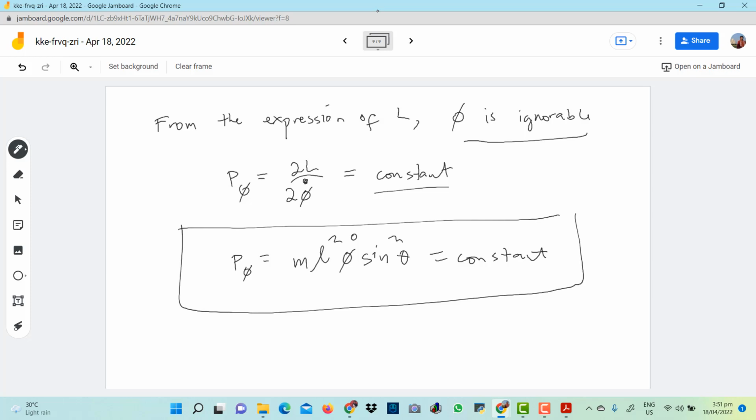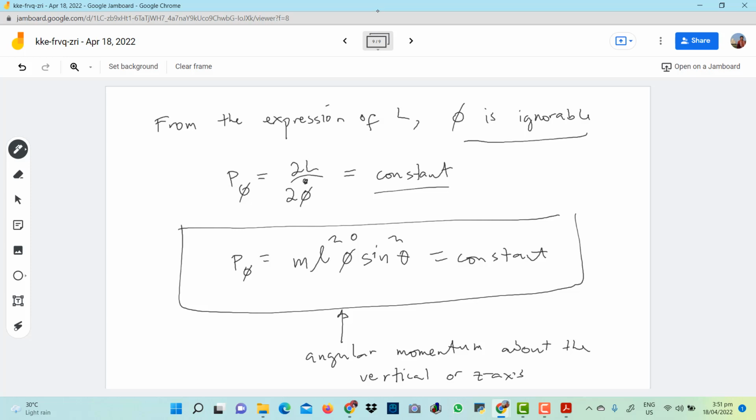As you can see here, this is just equal to the angular momentum about the vertical axis, or the z-axis. Tama ba?